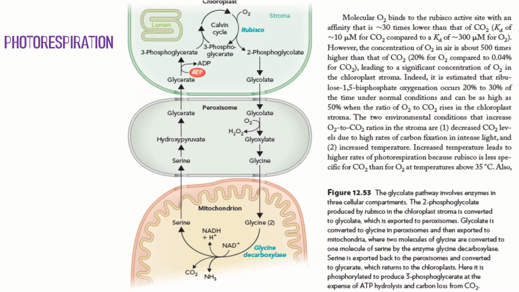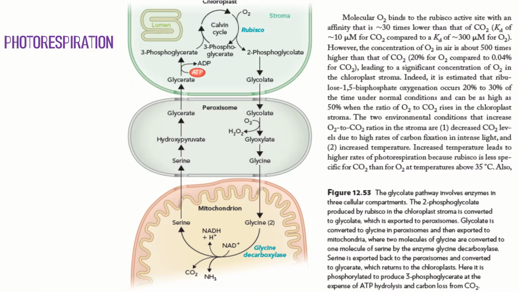And whenever oxygen is adding, that process is actually called photorespiration. So when is it taking place, this photorespiration? You see, in the atmosphere, the concentration of oxygen is 500 times more that of carbon dioxide.